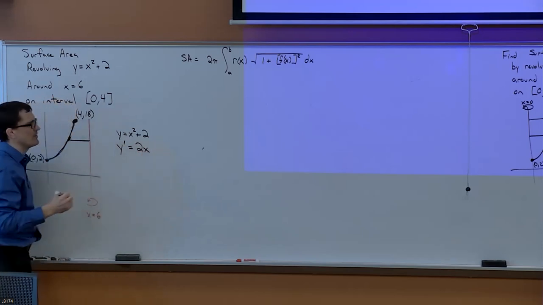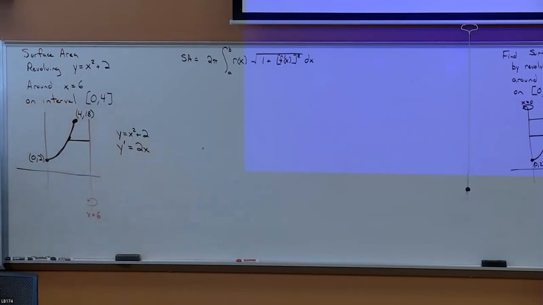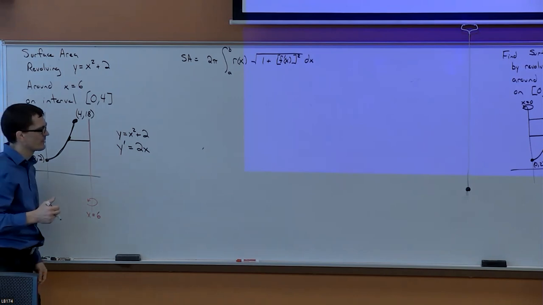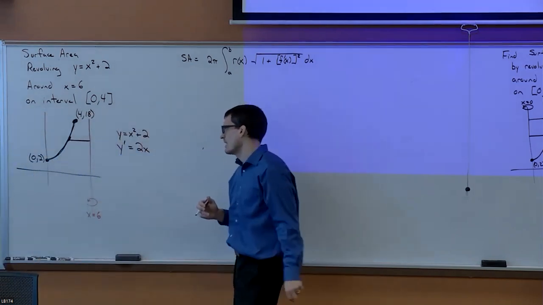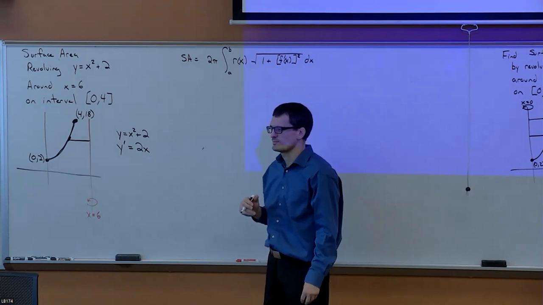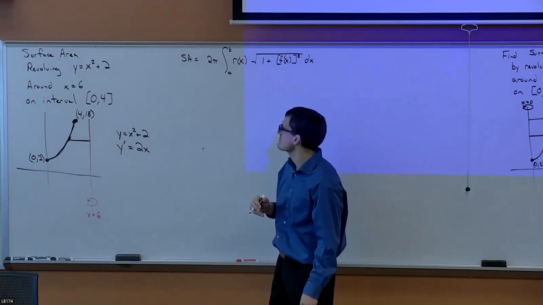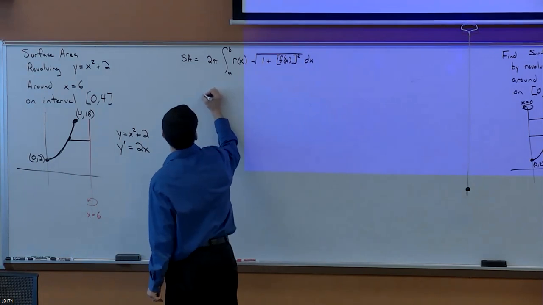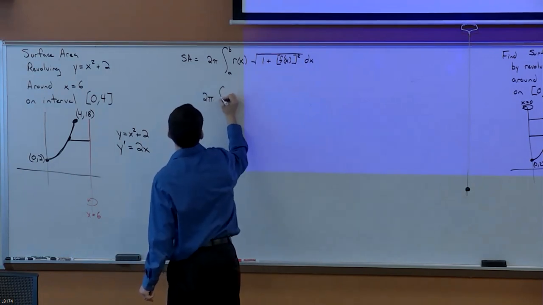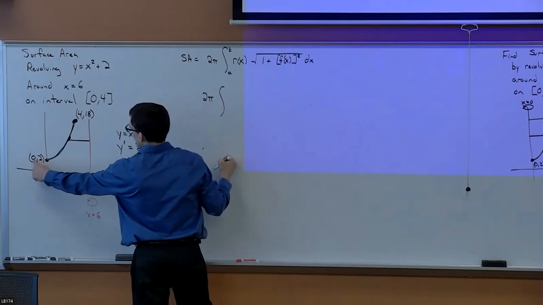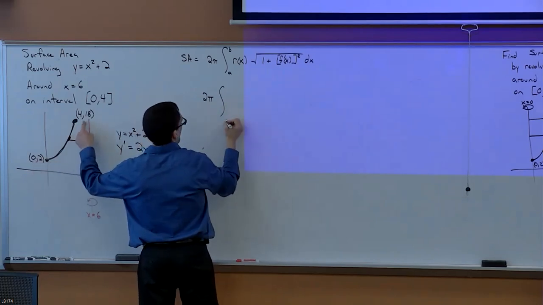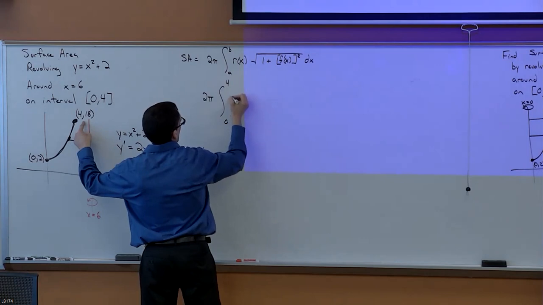So we have to do a couple of different things. One thing is I have to take the derivative of the function that generates this curve. That is, the function is y equals x squared plus 2. So the derivative is y prime equals 2x. Since I'm going to integrate with respect to x, my curve goes from x value of 0 to x value of 4.